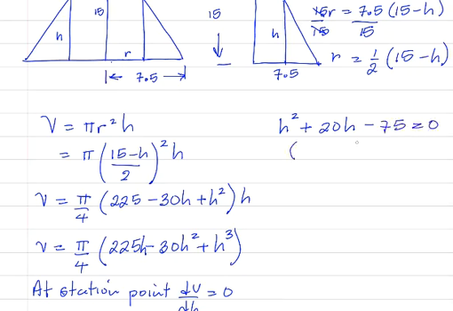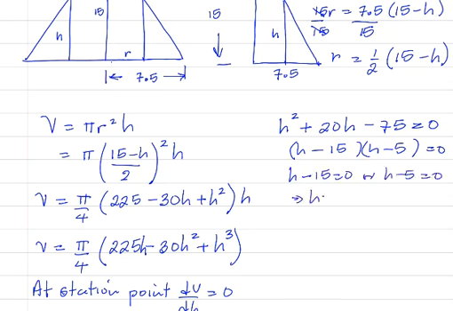We could factorize this. We have h here, both negative, 15 times 5. So h minus 15 is equal to 0, or h minus 5 is equal to 0.